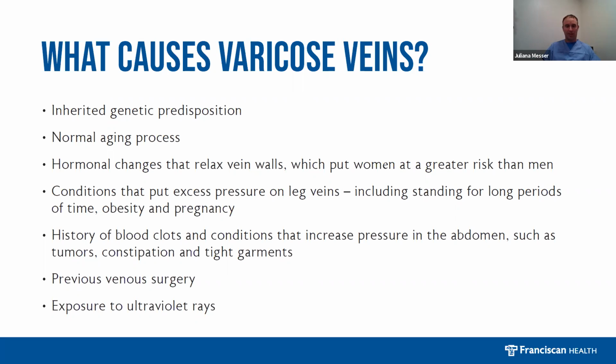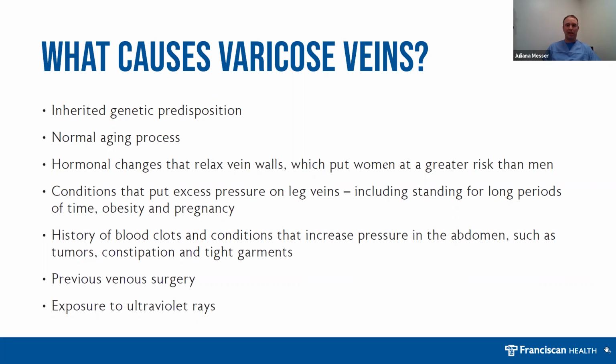And now we're going to talk a little bit about what causes varicose veins and the etiology, just a little bit of background about these. It's an inherited genetic predisposition. It's thought to be hereditary. Most people who do have varicose veins, you'll find family members who suffered from the same condition. It's part of the normal aging process.